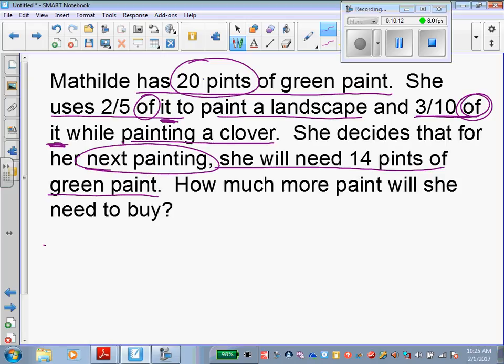All right, the question says, how much more paint will she need to buy? This is a multi-step problem. You have to do several steps in order to solve it.